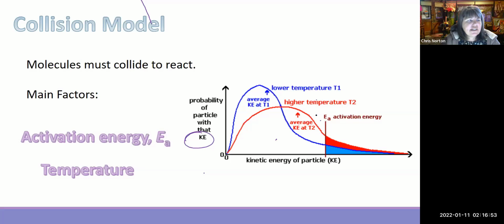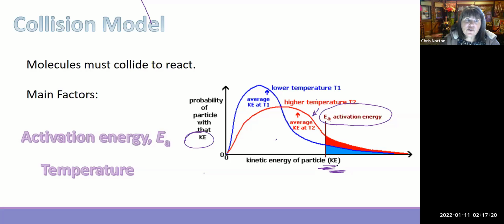If we increase the energy, the activation energy does not change. That is a threshold. That is a bar. You're never going to get the molecules to react no matter what the temperature is until they cross that threshold. That value does not change.